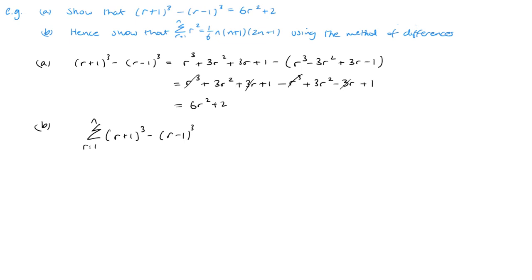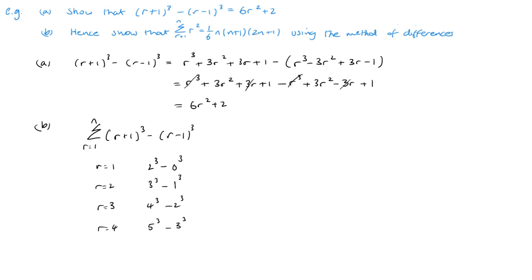So when r equals 1, we're going to have 2 cubed minus 0 cubed. When r equals 2, we've got 3 cubed minus 1 cubed. When r equals 3, we've got 4 cubed minus 2 cubed. When r equals 4, we've got 5 cubed minus 3 cubed, and so on.